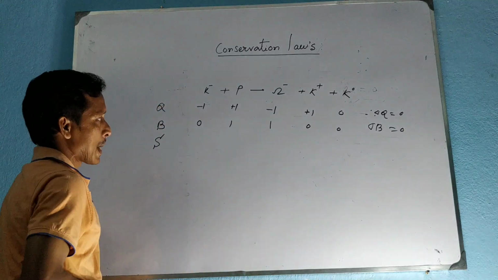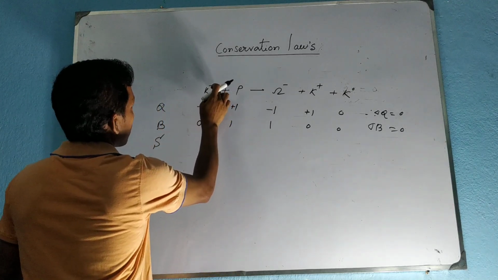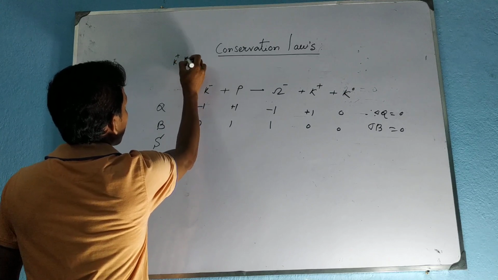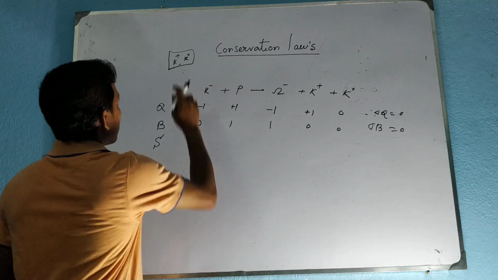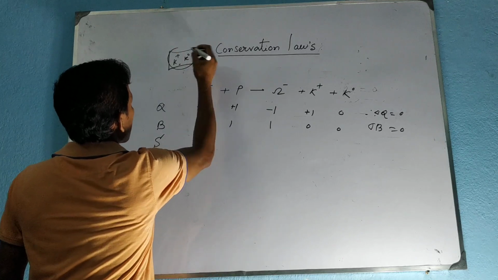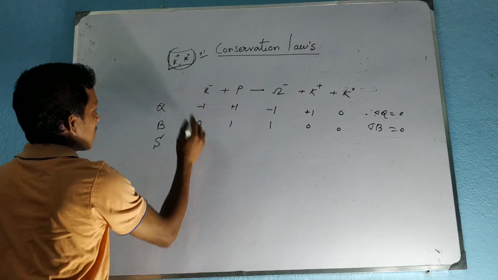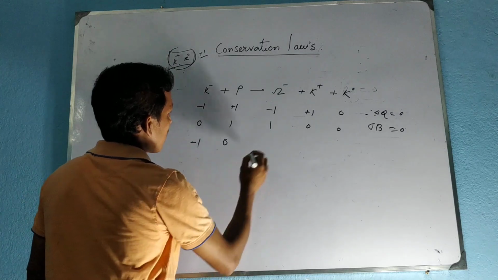Strangeness quantum number. K minus is the antiparticle of K plus. K plus and K0 are the K meson particles, and they have strangeness quantum number plus 1. So this antiparticle of K plus has minus 1. Proton is not a strange particle.